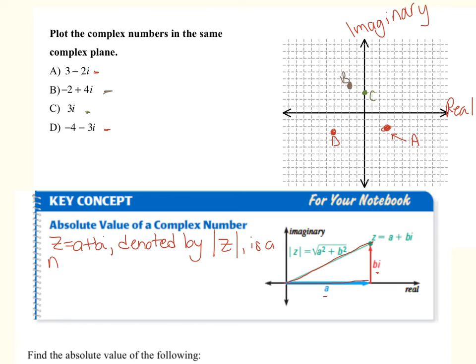is a non-negative real number defined as: the absolute value of z equals the square root of a squared plus b squared.